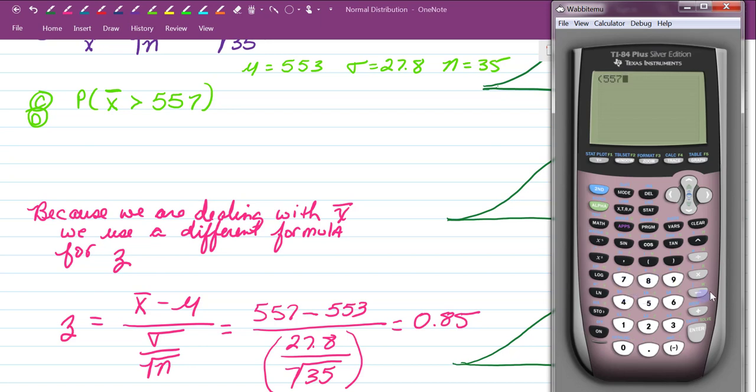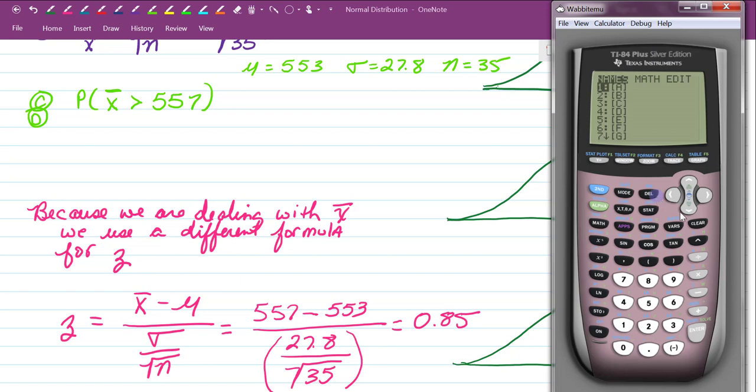I'm going to hit the divide sign. I'm going to open parentheses again, and I'm going to put 27.8 divided by the square root of 35.